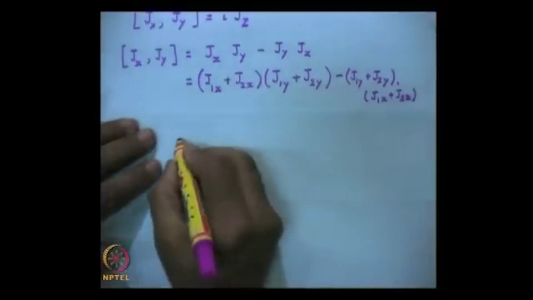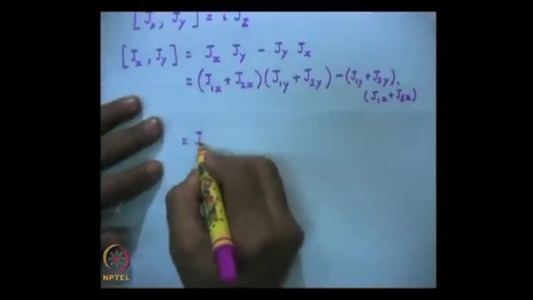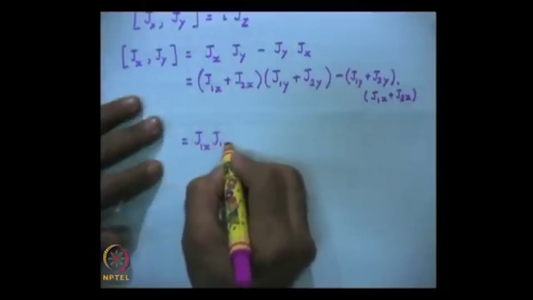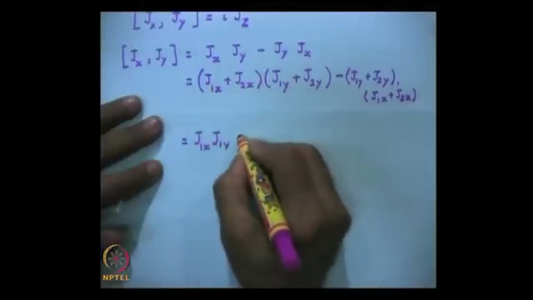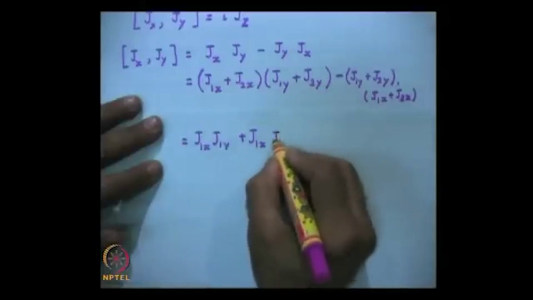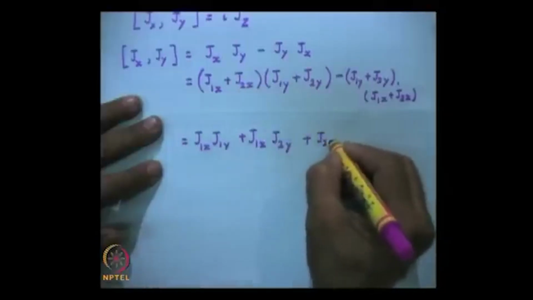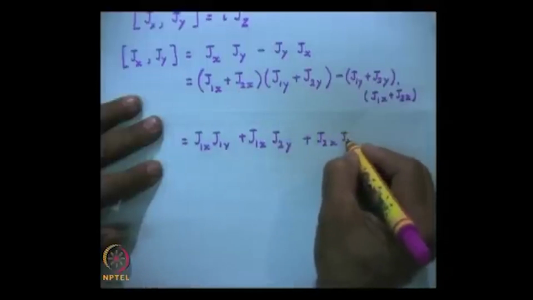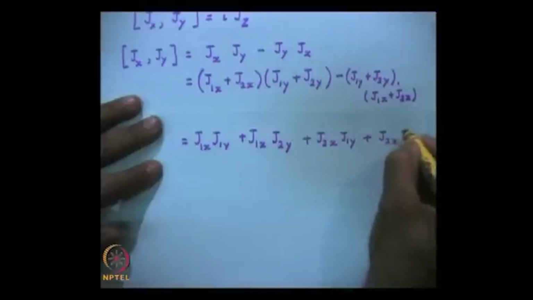So, you will have J1xJ1y plus J1xJ2y plus J2xJ1y plus J2xJ2y.